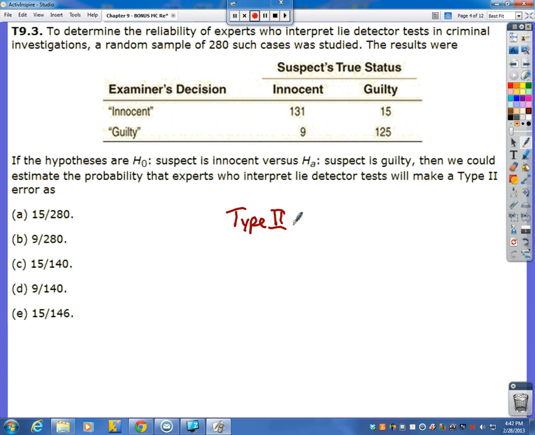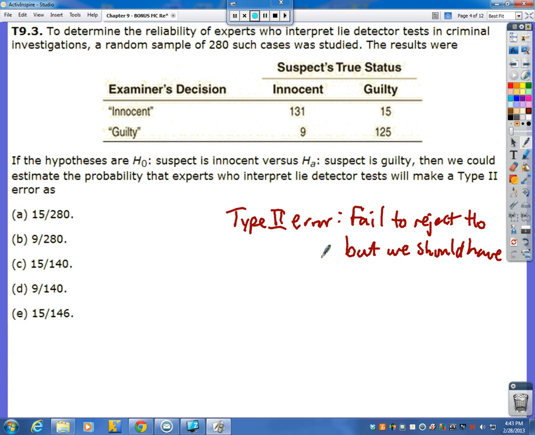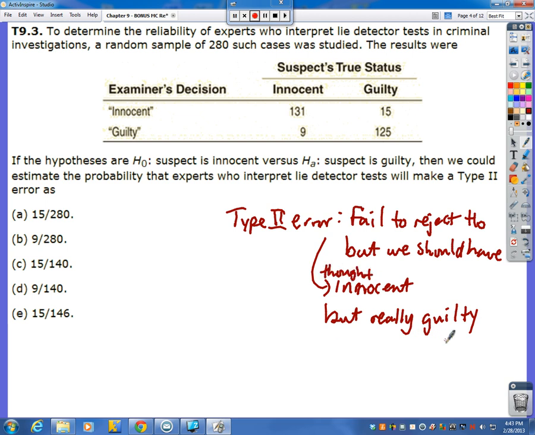A type 2 error is when we fail to reject the null hypothesis, but we should have. So in this specific case, if we fail to reject, that means we said innocent, but really they're guilty. We thought innocent, but really guilty.